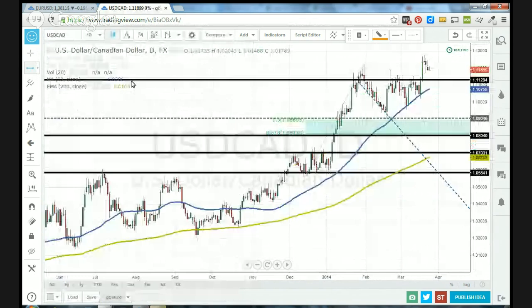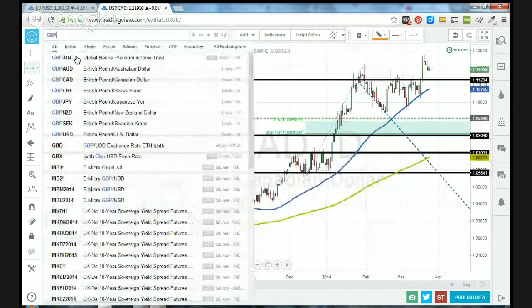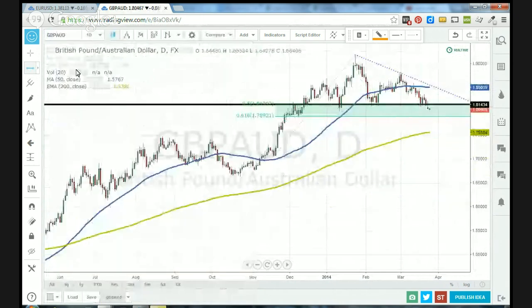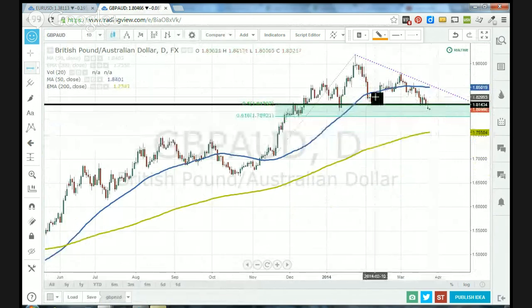Let's go to pound actually before we go to dollar Canada. Let's go to pound Aussie. Okay, pound Aussie is broken below, and we saw a similar formation on euro Aussie, where there's a similar support line, but there's also a pattern of falling lows. It turns out it looks bearish now.